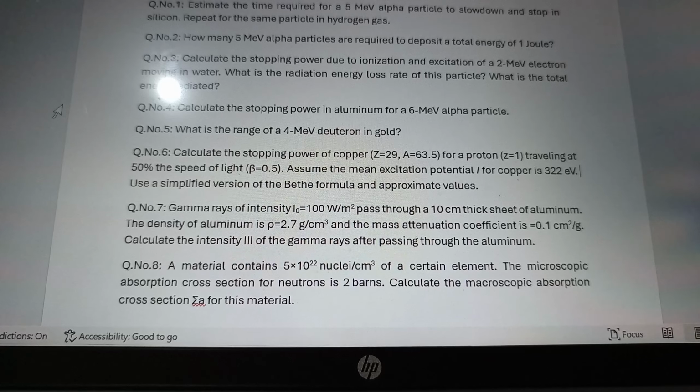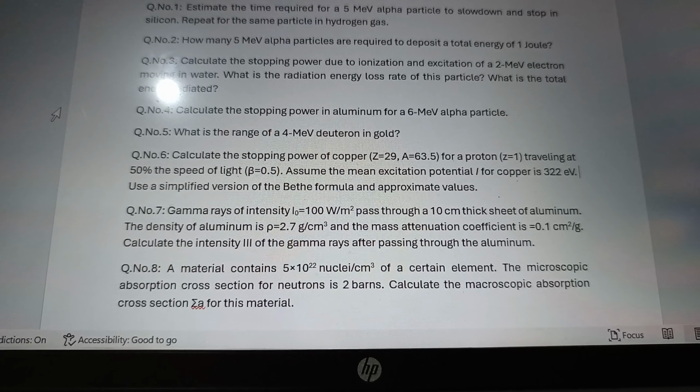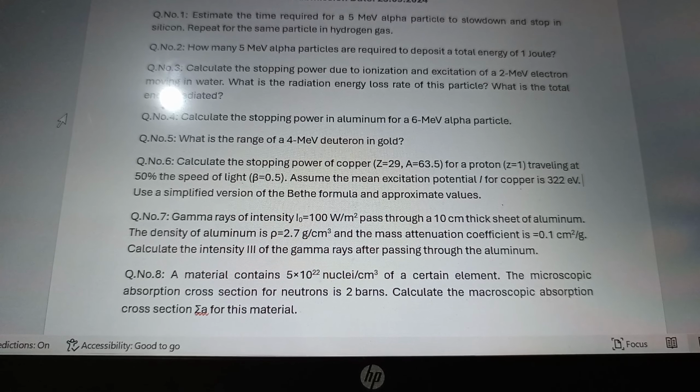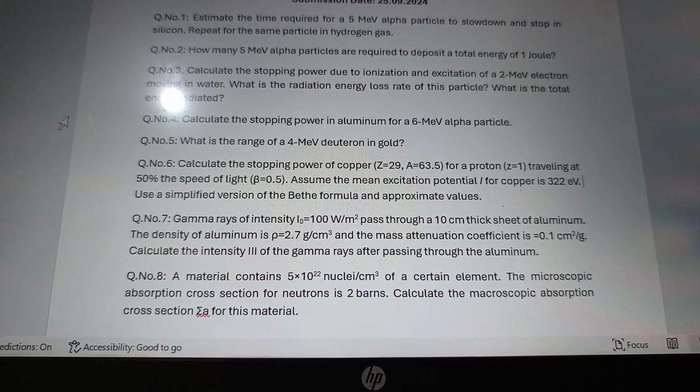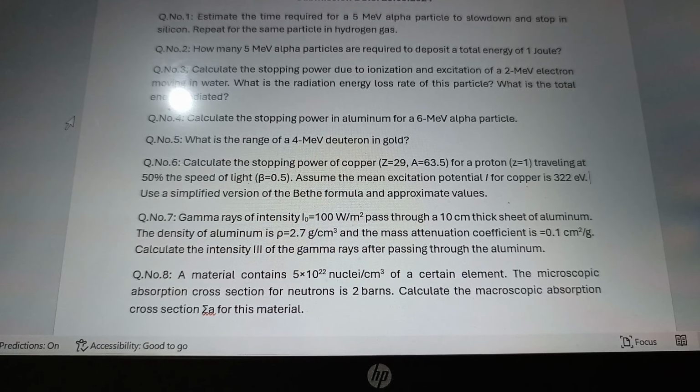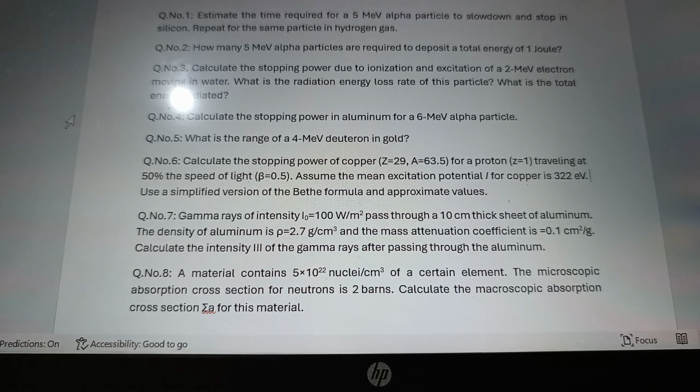You have to calculate the macroscopic absorption cross section. You already know that the microscopic absorption cross section is basically sigma. So you have to find the macroscopic absorption cross section.